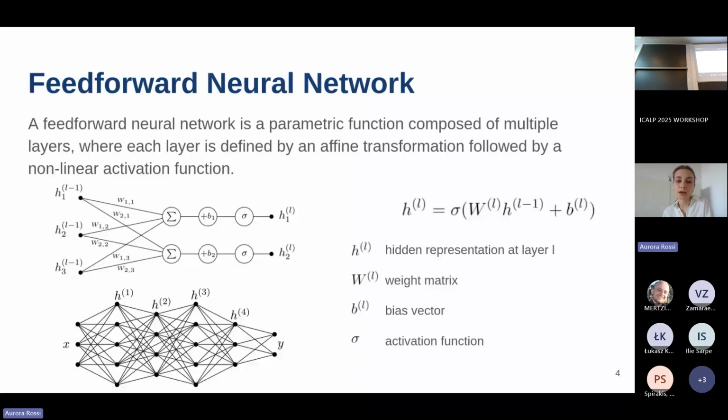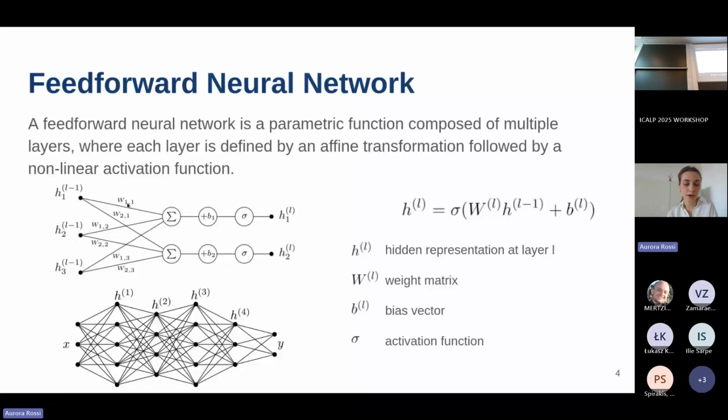It is a parametric function that is composed of multiple layers. A layer is defined as an affine transformation followed by a nonlinear activation function. In the top image, you can see a layer of a feed-forward neural network which takes as input the elements of a vector.